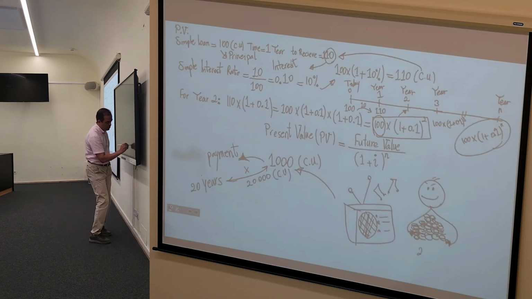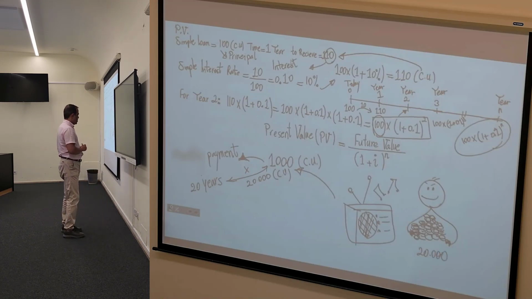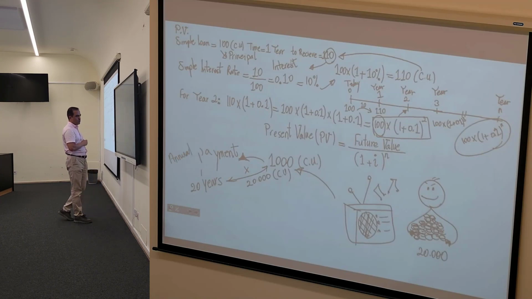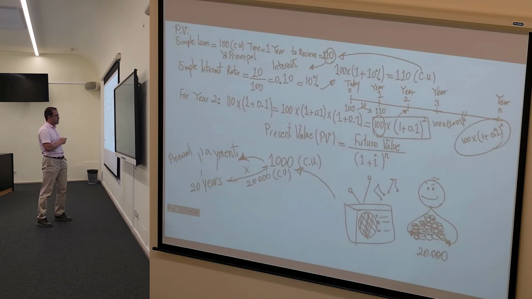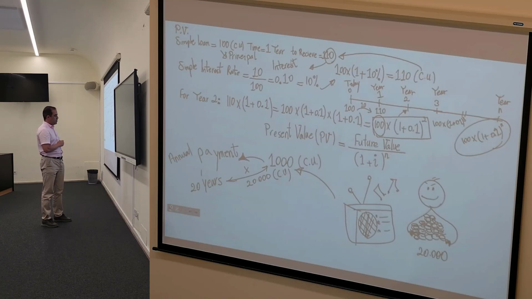So let's say this is the annual payment of 1,000 for 20 years.